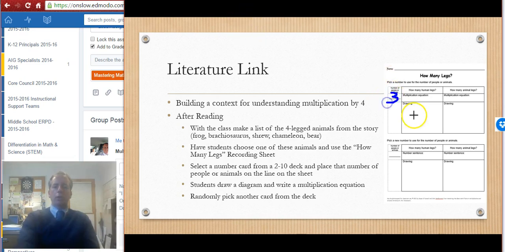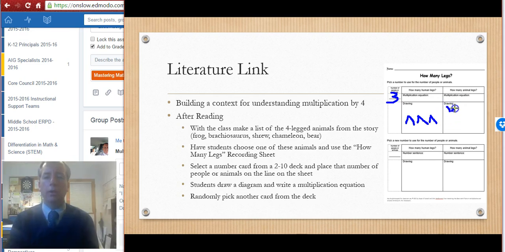So I've picked an animal, and let's say my animal was the shrew. How many human legs? Well, if this is a person, they're going to have 2 legs on this person and 2 legs on this person. Mine won't be as detailed as kids would write. And then how many animal legs would that be? Well, the shrew doesn't have 2 legs.